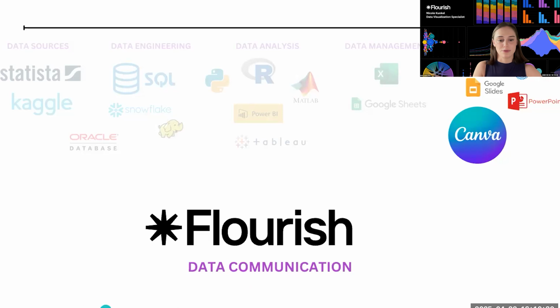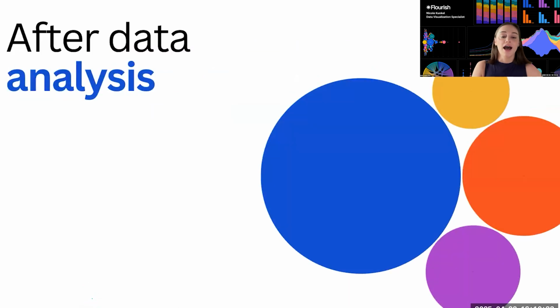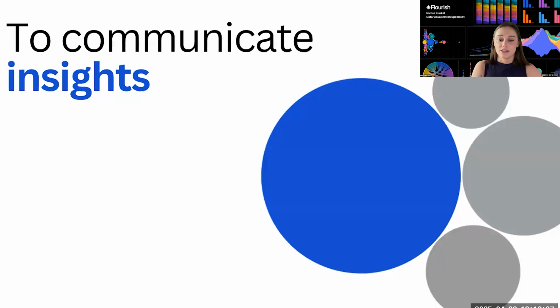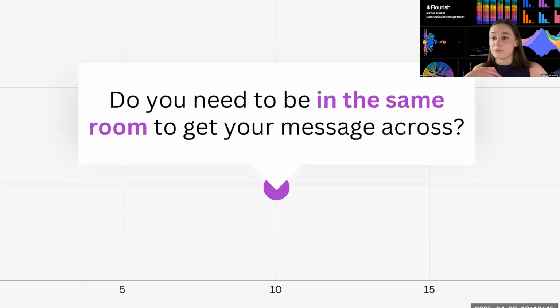So Flourish is going to be a tool that comes in after your data analysis, specifically to communicate your insights really effectively with that framework that I just presented to you. I like to ask myself, if I put up my Flourish visualizations, would I even have to be in the room for my message to get across?